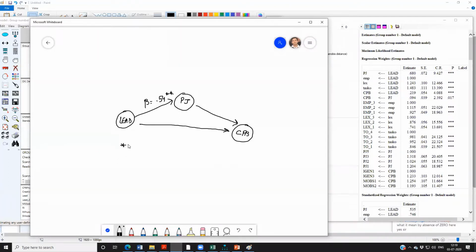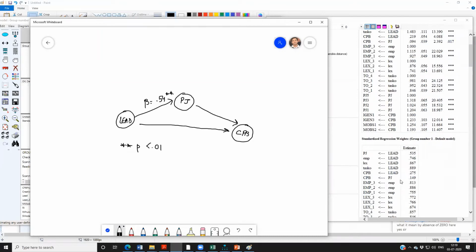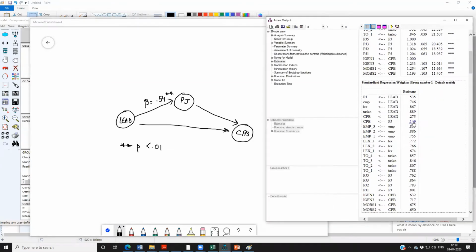I will call this P less than 0.01. It is actually less than 0.001, but I am just saying less than 0.01. Then PJ to CPB is significant at 0.05, and the standardized coefficient is 0.15.